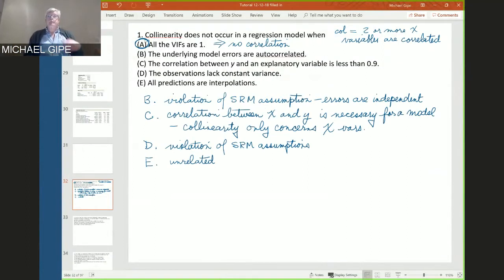So all predictions are not necessarily interpolations, but for the best use of a model in prediction, you should be working within the range of your X data, because anything beyond that becomes a little bit unreliable. Collinearity is not at all related.